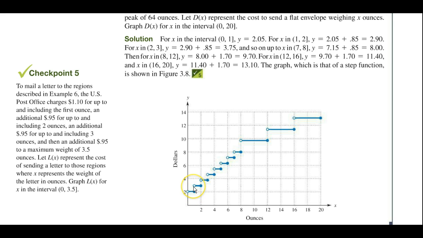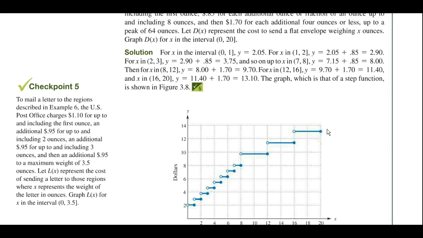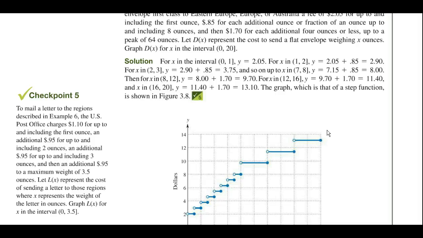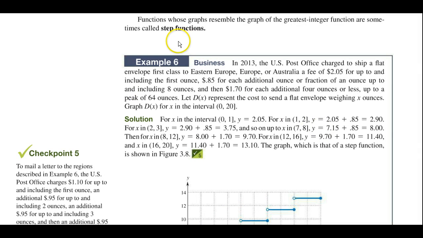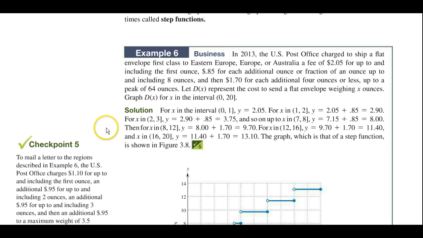And then when you go after the first ounce up to the second ounce, they're showing you how they have placed that. So this is a function. Again, the x values are only used once, and this is how it's shown. So this is another example of step functions.